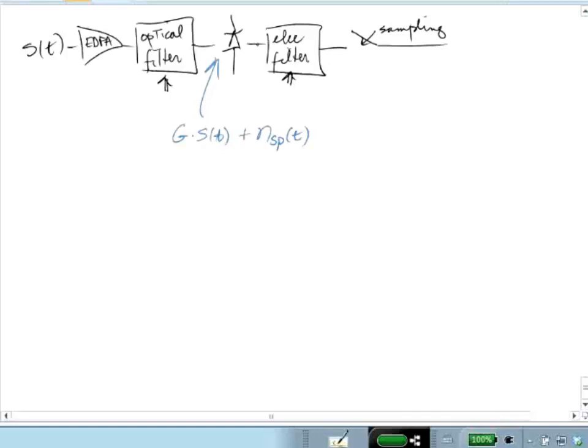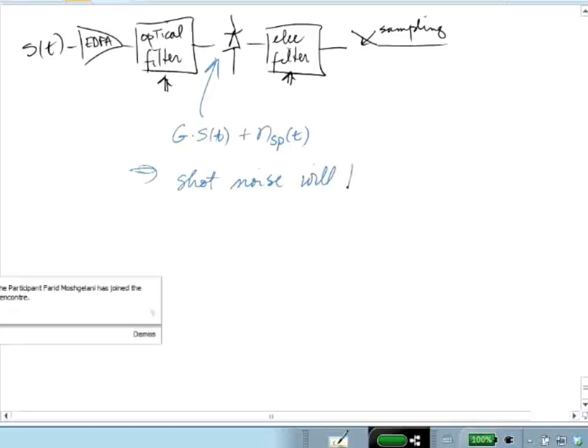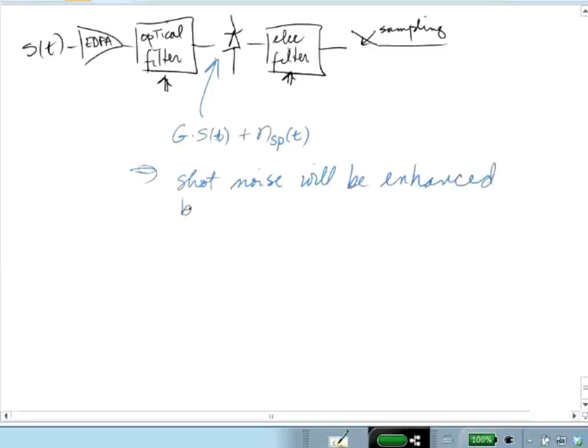And on the other side, of course, we'll get the square of this entire field, which means that the shot noise will be enhanced by the presence of ASE. This is one of the main reasons why we put in this optical filter, so that we could reduce the amount of power incident on the photodiode to keep it as small as possible.